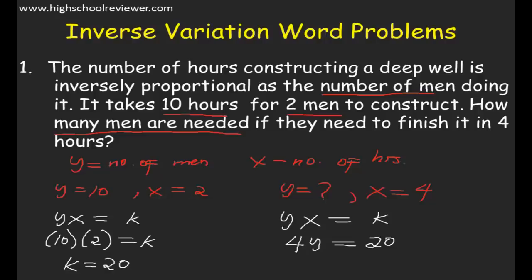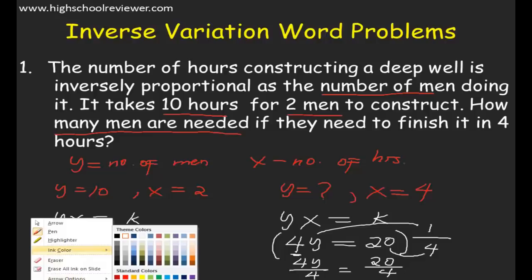To find Y, we need to cancel out 4. So to cancel out 4, divide both sides of the equation by 4. This will be 4Y multiplied by 1 over 4, that is 4Y all over 4. And this will be 20 times 1 over 4, that is 20 divided by 4.